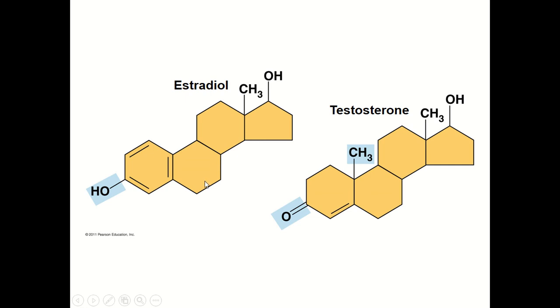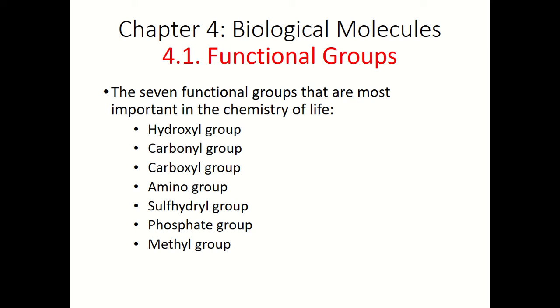However, estradiol has a different function compared to testosterone. This is due to the presence of the functional groups attached to the carbon backbone of these 2 compounds. Therefore, the functional groups and structure are what give function to the molecules.